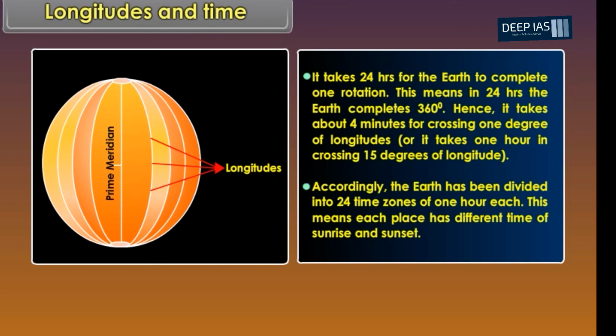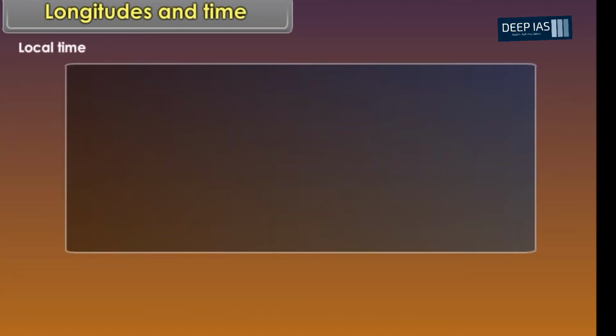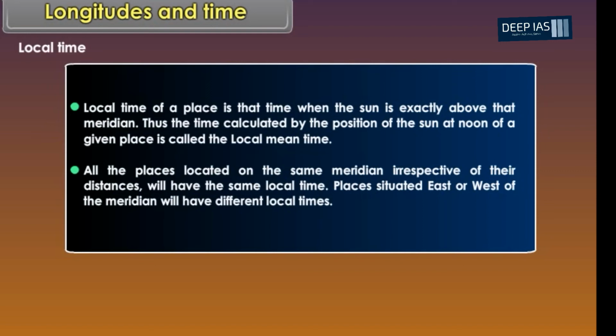This means each place has different time of sunrise and sunset. The Earth moves from west to east. That is why the time will be ahead of Greenwich in the east and behind Greenwich in the west. Local time. Local time of a place is that time when the sun is exactly above that meridian.